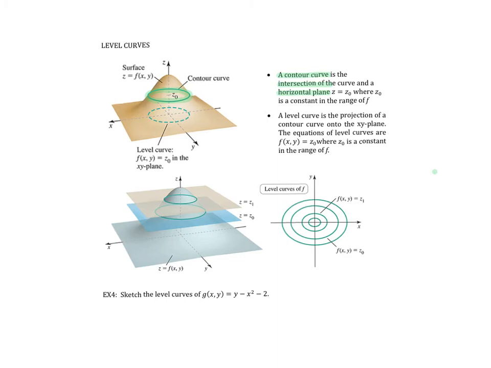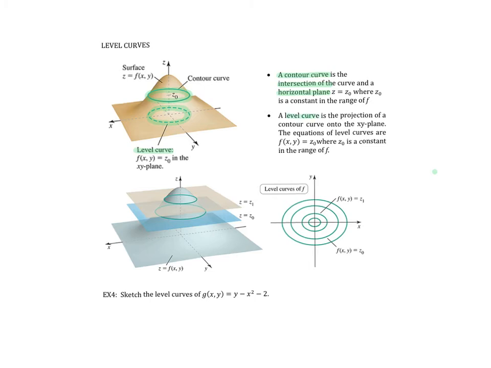Now we can take this contour curve, which is on our surface z, and we can project it down into the XY plane. So if we take a contour curve and we project it down into the XY plane, that is what we call a level curve. And you've probably seen this when you look at topographical maps, how they have those level curves or contour curves.